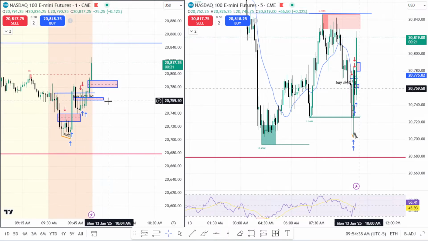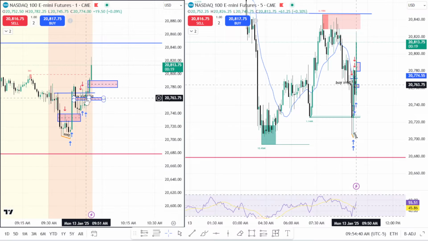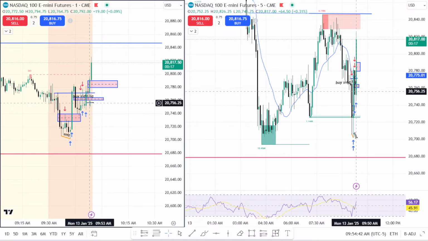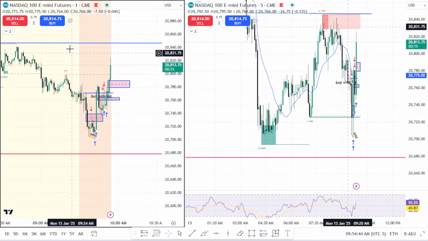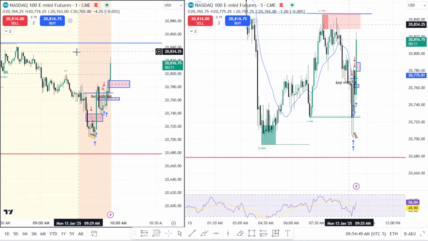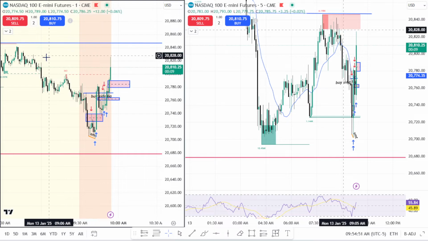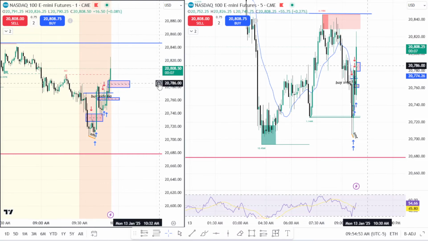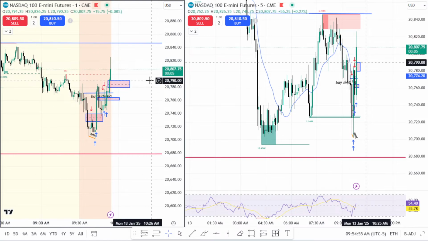Inversion setup would have been pretty nice. Boom, inverse this, boom, SMT, draw on liquidity up here, target up there. You can take a possible partial between here and there in these levels.